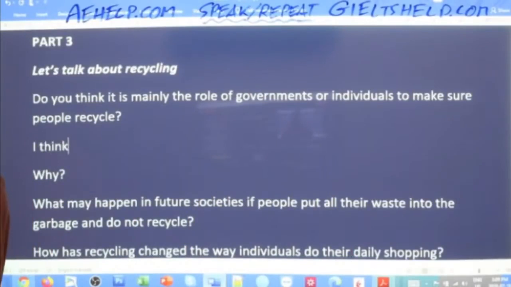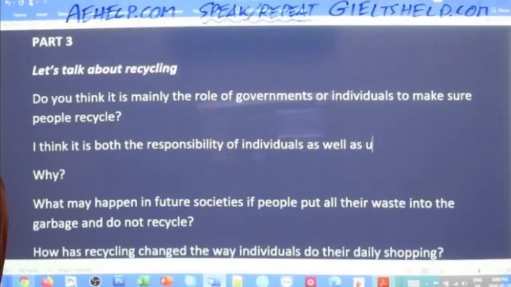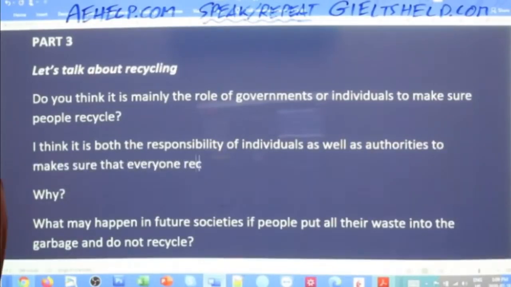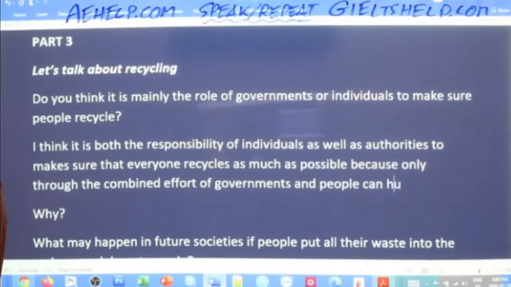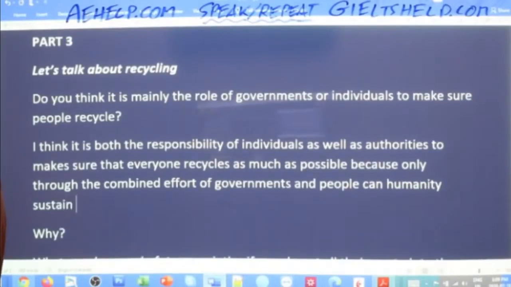So I think it is both the responsibility of individuals as well as authorities to make sure that everyone recycles as much as possible, because only through the combined effort of governments and people can humanity sustain its exponential population growth.